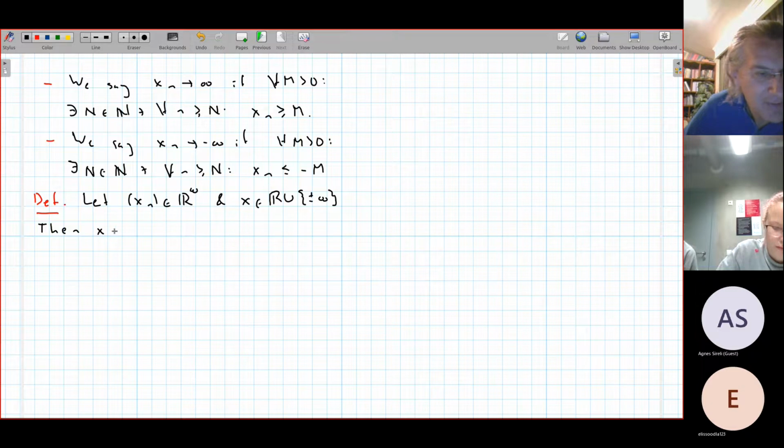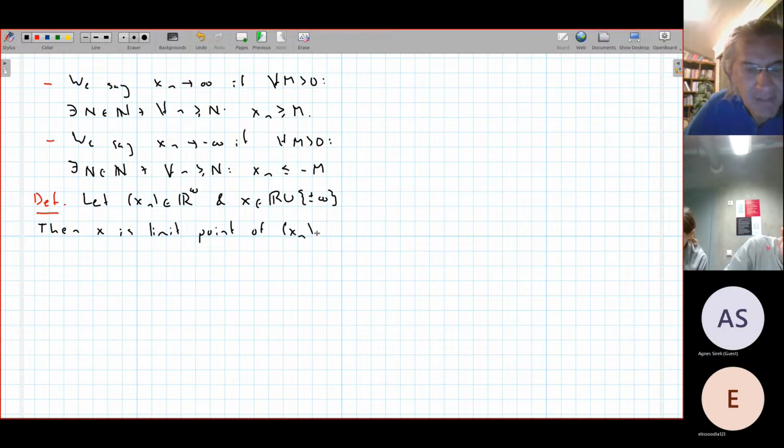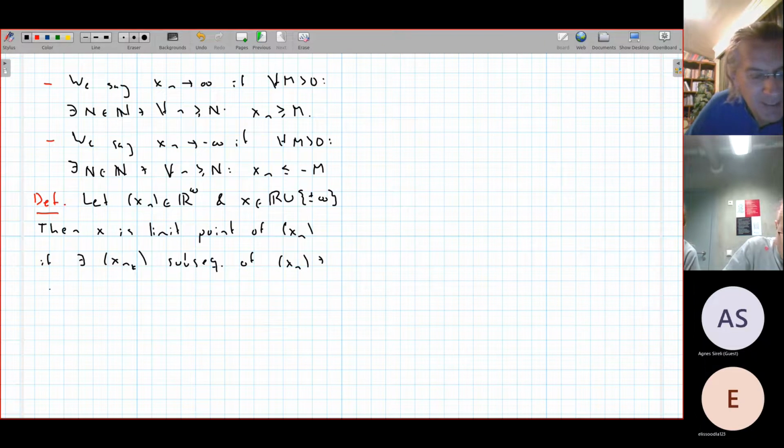Then we say that x is a limit point of the sequence xn if there exists a subsequence of this sequence with the property that the subsequence converges to x.